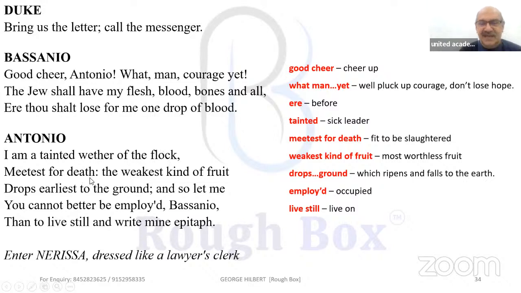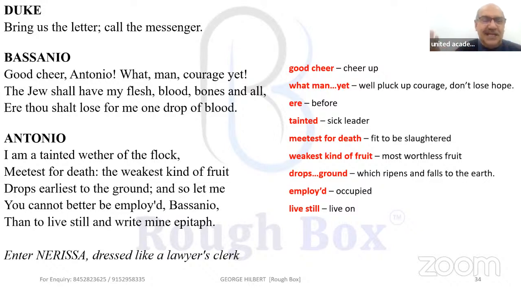Meat is for death. Okay? I am only fit to be slaughtered. The weakest kind of fruit drops earliest to the ground. He further compares himself to an overripe fruit. Okay, if a fruit turns overripe on the tree, it falls down without anyone plucking it. And once it falls down, it splatters and mixes with the mud and nobody can eat it.